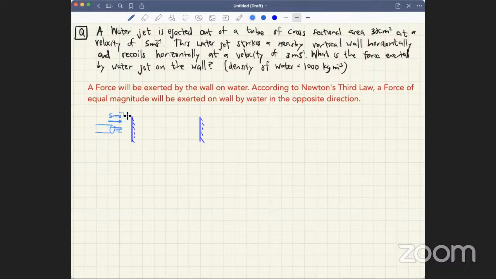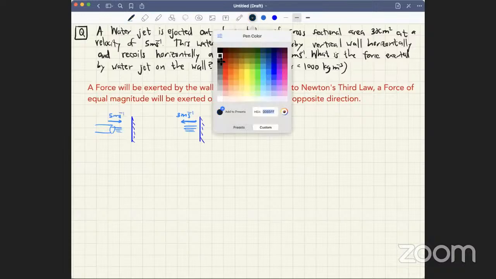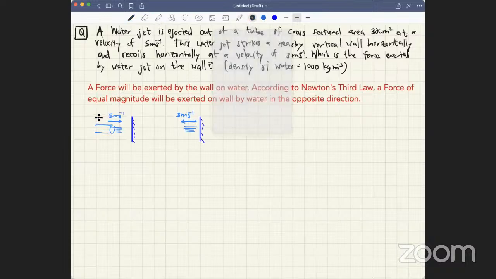After that, the water jet is recoiling horizontally, same line but in the opposite direction, at 3 m/s. And the cross-sectional area of the tube is provided, that is 30 centimeters squared, which is 30 times 10 to the power minus 4 meters squared.